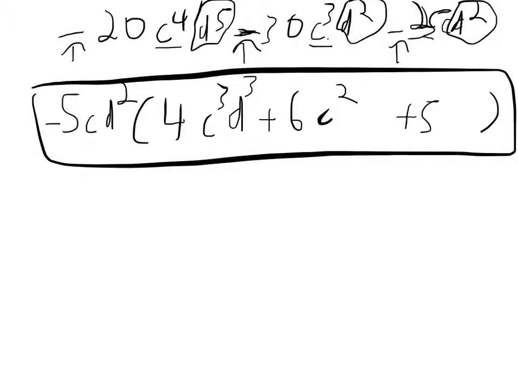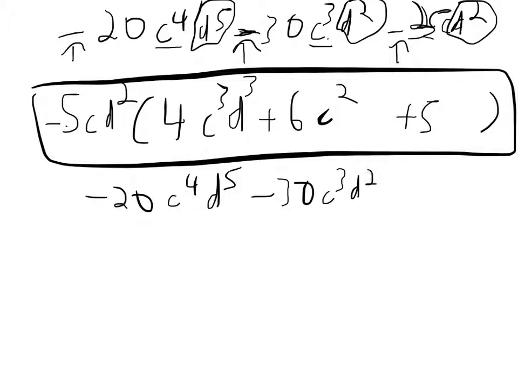Again, to check. 5 times 4 is minus 20. C times C cubed is C to the 4th. D times D squared times D cubed is D to the 5th. Minus 5 times 6 is negative 30. C times C squared is C cubed. D squared would stay there, it's the same.